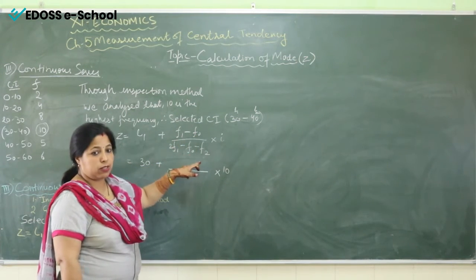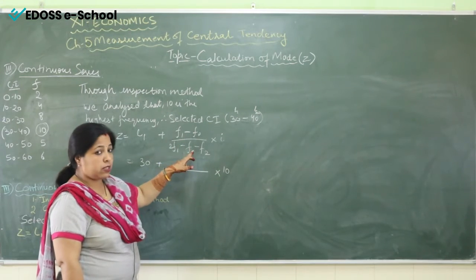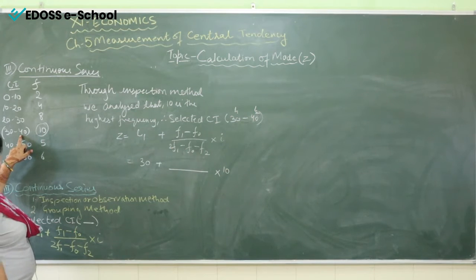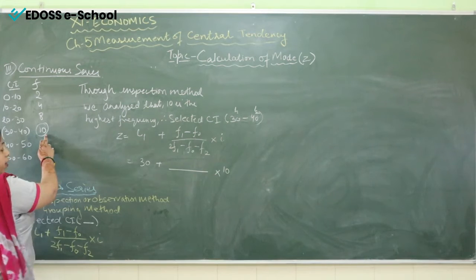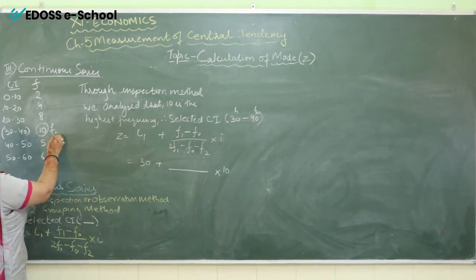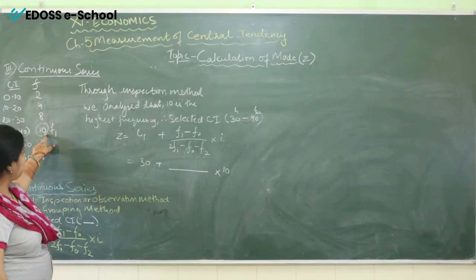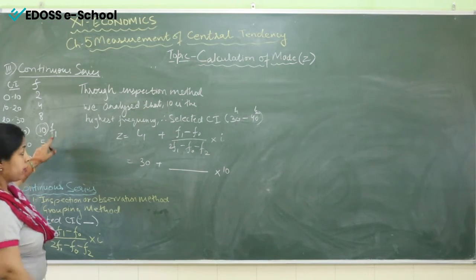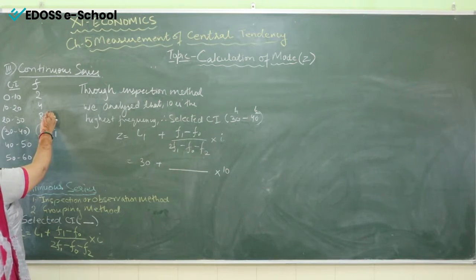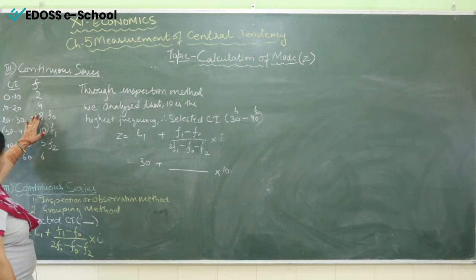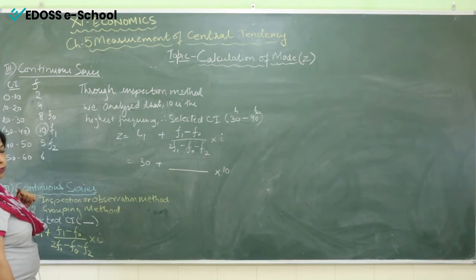The selected Ci was 30 to 40, and its frequency is 10, so this is F1. The frequency above F1 will be F0 and the frequency below will be F2.